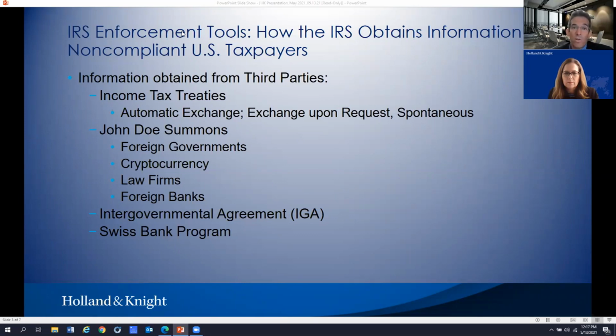While that was 2013, more recently in 2019, John Doe summons were issued to several financial institutions seeking information for the tax period 2013 through 2017. This request came from Finland through the treaty network.